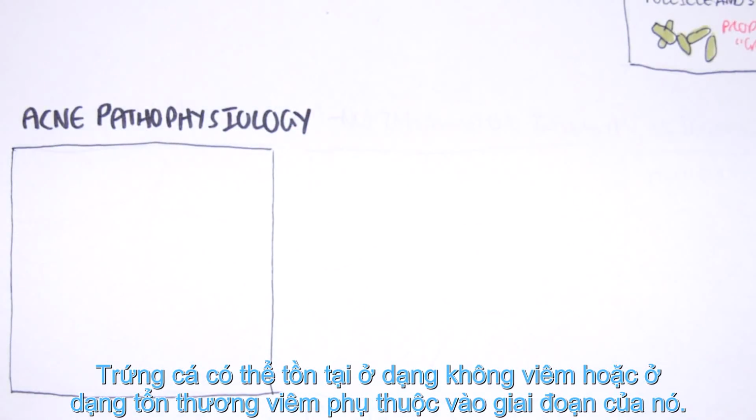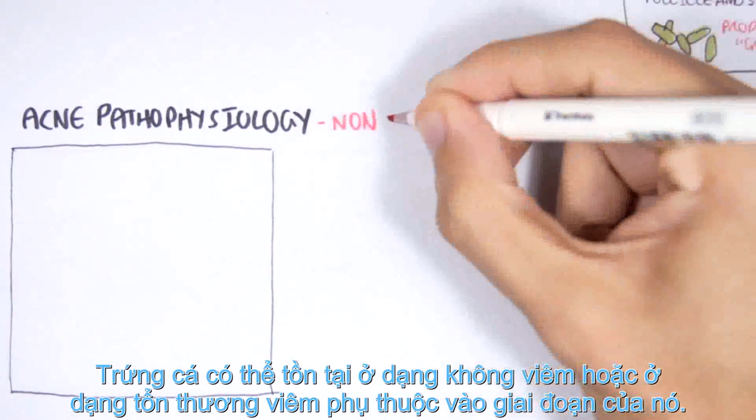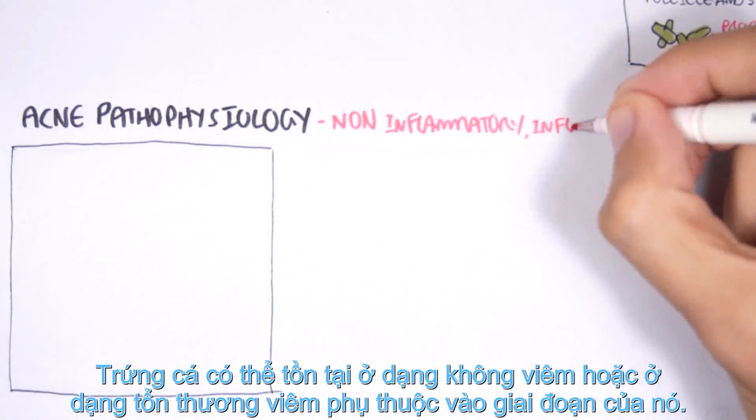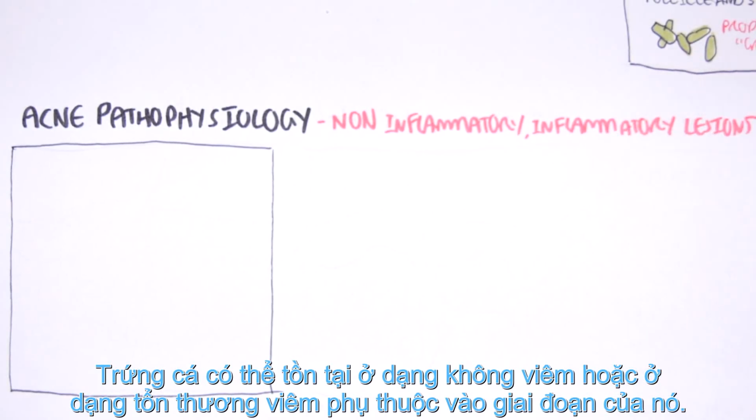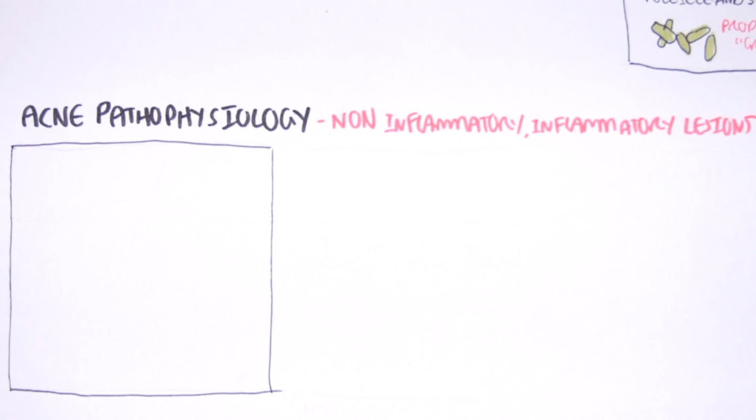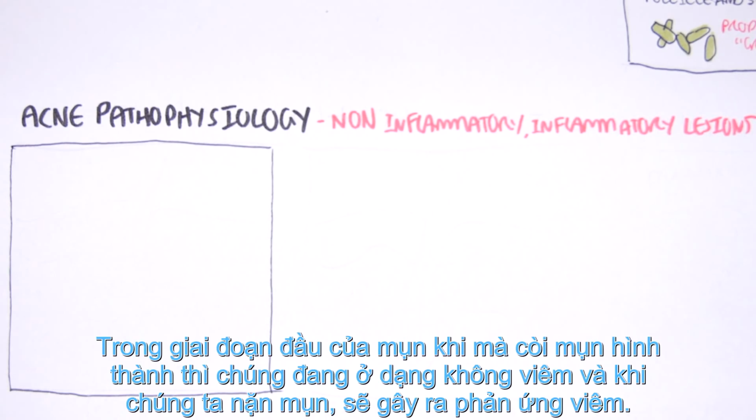So acne can be non-inflammatory or can become inflammatory lesions, depending on what stage the acne is at, essentially. So in the initial phase, when a pimple is forming, it is non-inflammatory, but when a pimple pops, it can create a small inflammatory reaction.